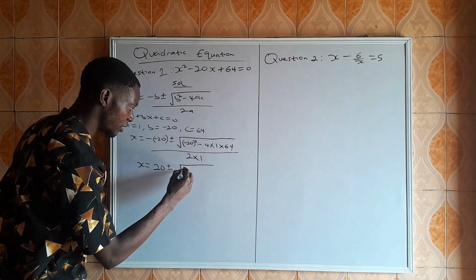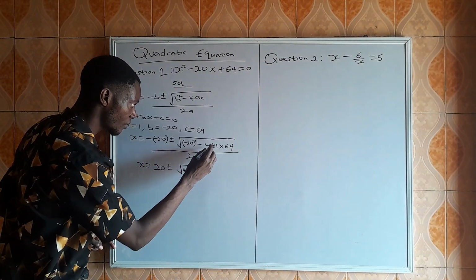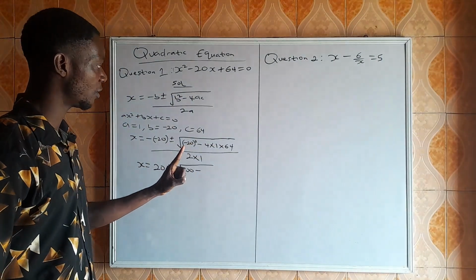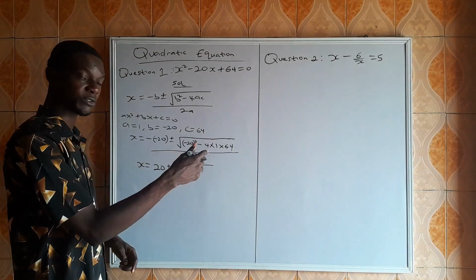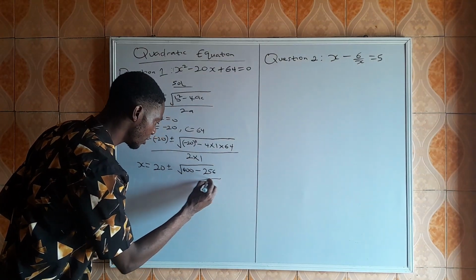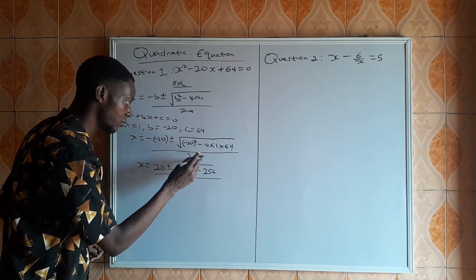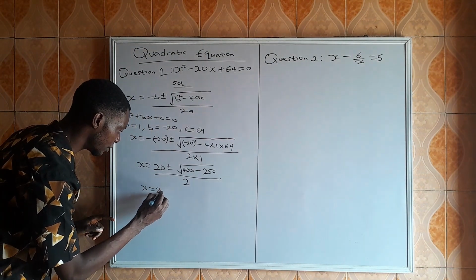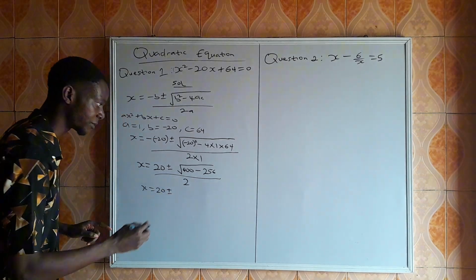So you have 400 minus 4 times 1, which is 4. Then 4 multiplied by 64 gives you 256, all divided by 2, which is 2 times 1. So from here you have s to be 20 plus or minus.